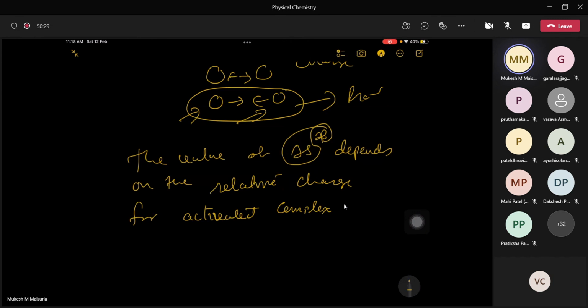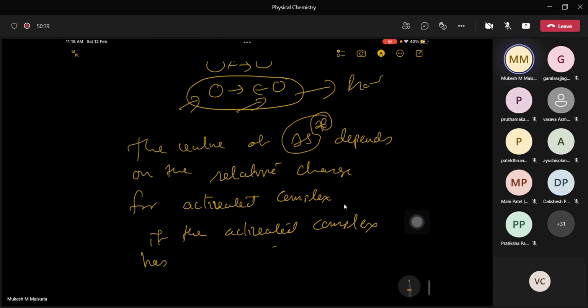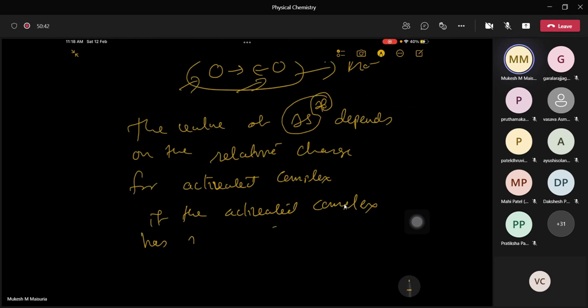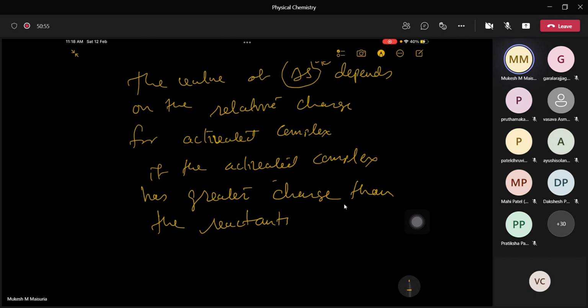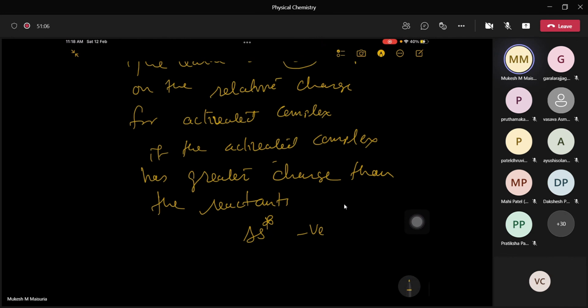If the activated complex has greater charge than the reactants, then obviously this value will be negative.